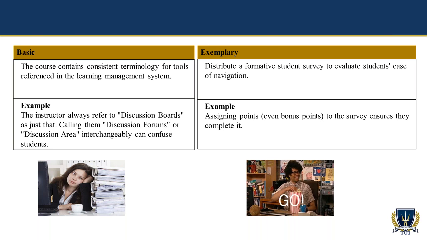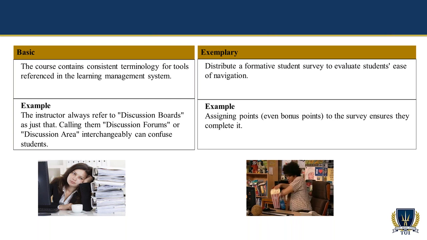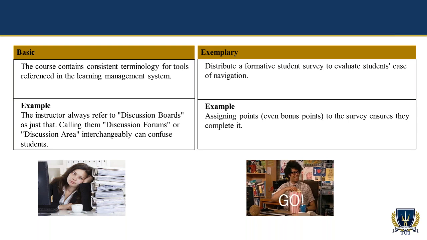A formative assessment is where you're able to get feedback maybe a quarter of the way through or halfway through, so that if you need to make adjustments, you can. That's an exemplary practice. You can ask students to complete a survey to get a better understanding of their experiences with the course. You can even assign points or bonus points to the survey that will ensure that they complete it.